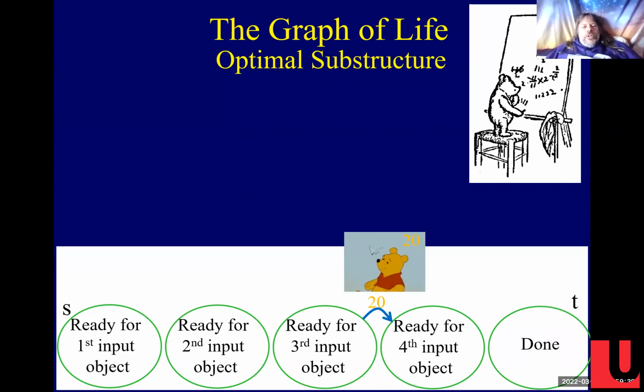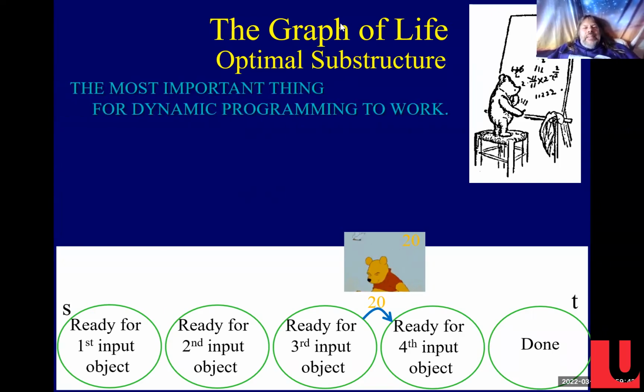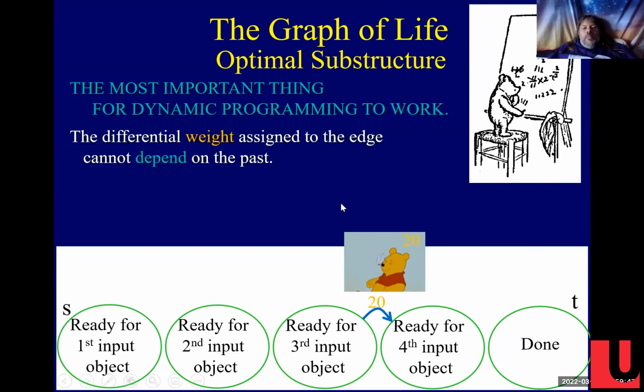That's a substructure. And this is important for solving dynamic programming problems: there's going to be this edge in this graph, some action that when I'm in this state, I can take this action, which is going to either pay me or cost me 20.